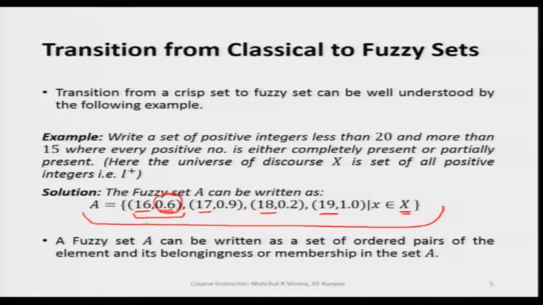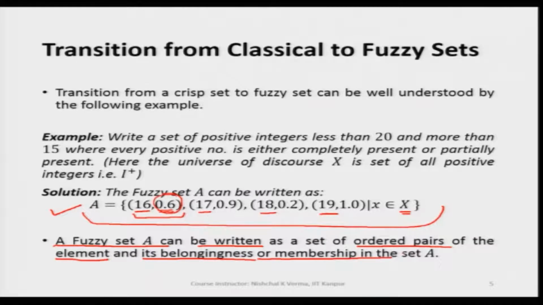So, this way a fuzzy set is a set which has all the elements with its membership values. We can also say the same thing as it is written over here. A fuzzy set A can be written as a set of ordered pairs of the element and its belongingness, and this belongingness is also called membership.